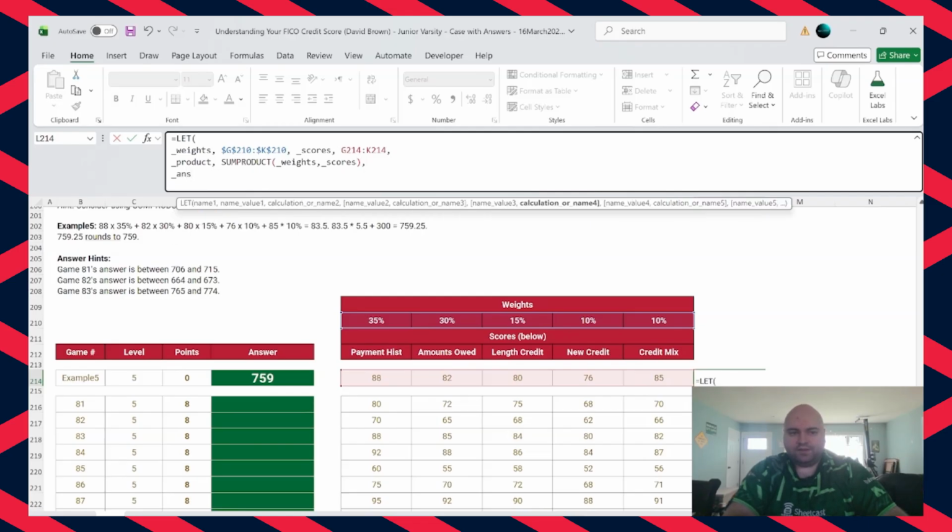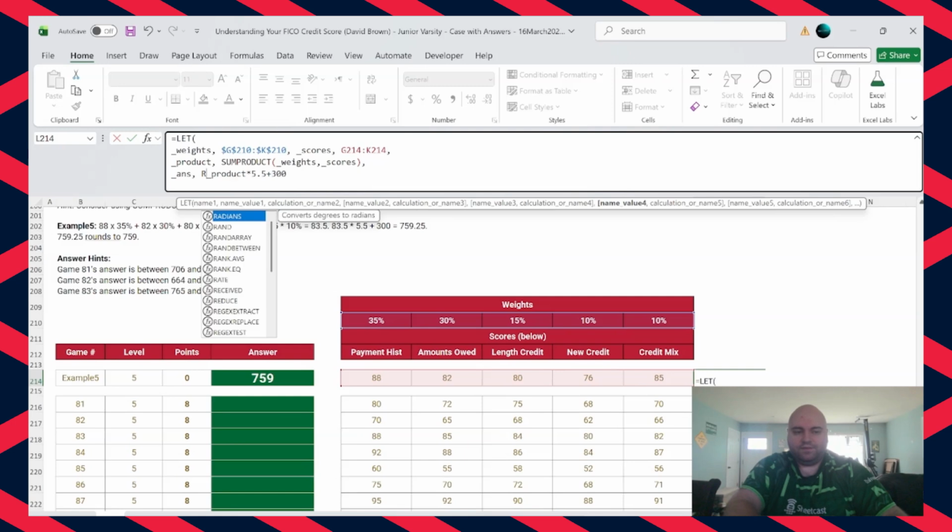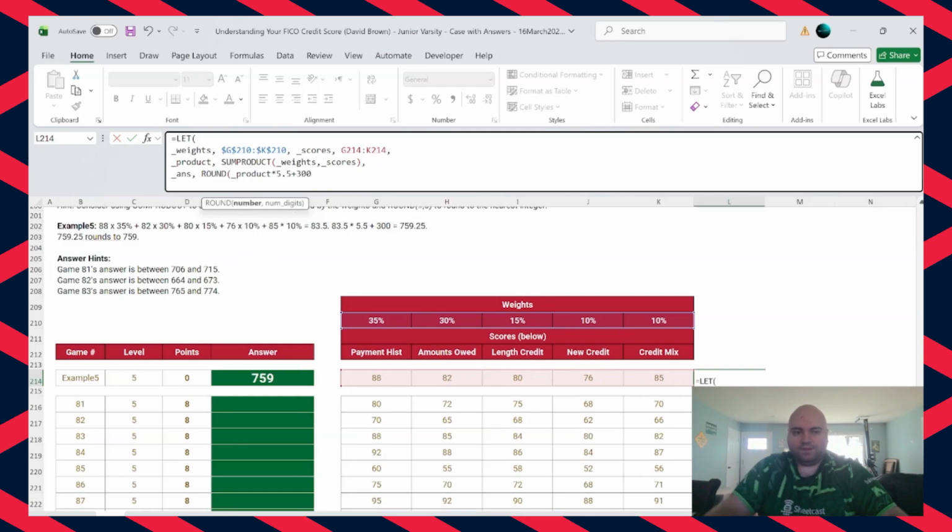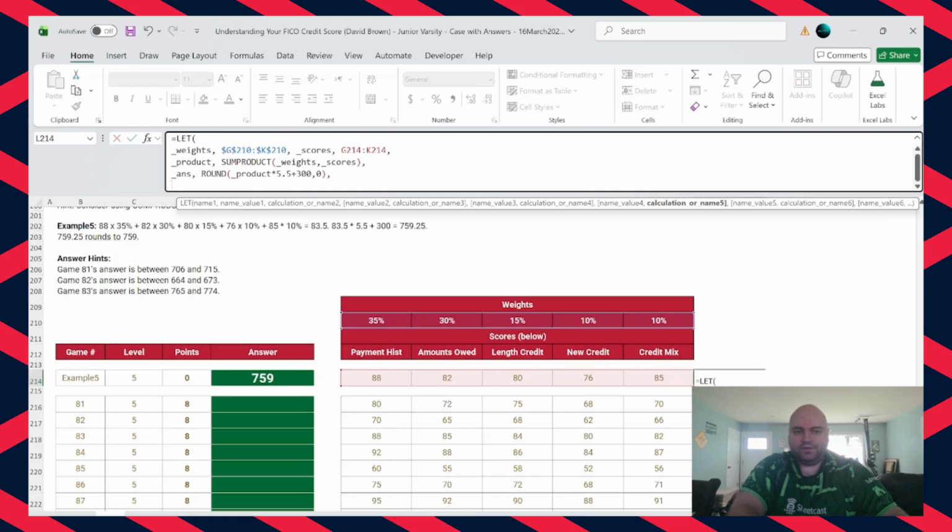Well, our answer is going to be the product times 5.5 plus 300. And it also wanted us to round to the nearest integer. So let's wrap that in a ROUND function, 0 for integer. And let's return answer.